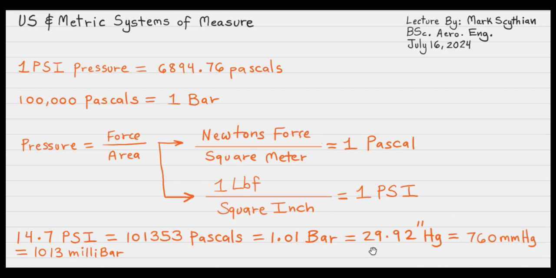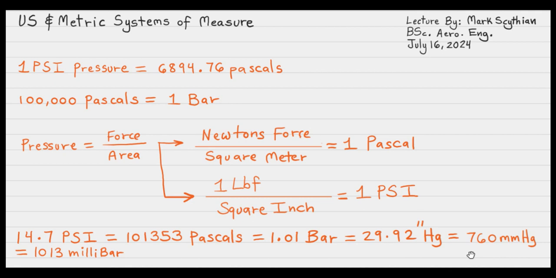And in inches of mercury, regarding the US system, it is 29.92 inches of mercury. That is the 14.7 psi atmospheric pressure, which is equal to 1 torr, or 760 millimeters of mercury. That's very common in blood pressure readings, the millimeters of mercury.